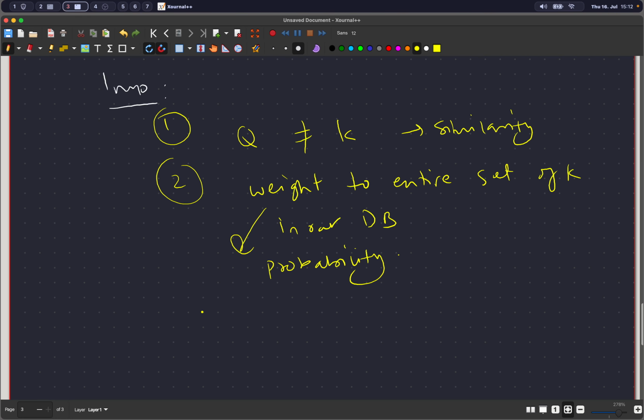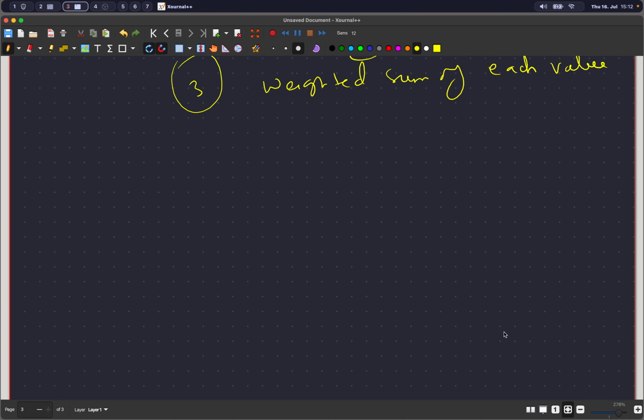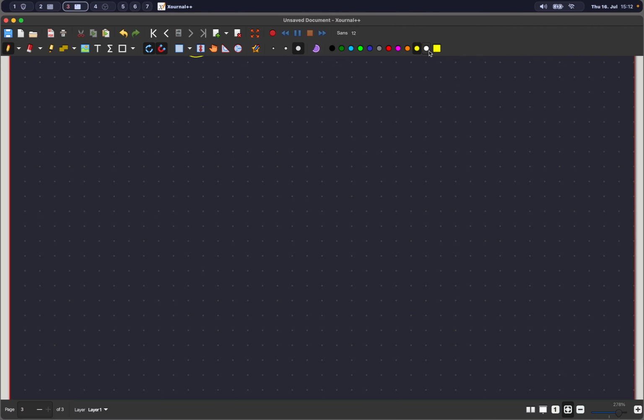And based on it, it returns a weighted sum of each value that we have. It will get clear once we look at the equations and understand how it matches the conventional databases that we have.